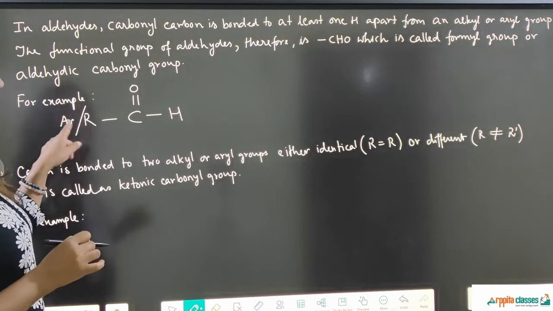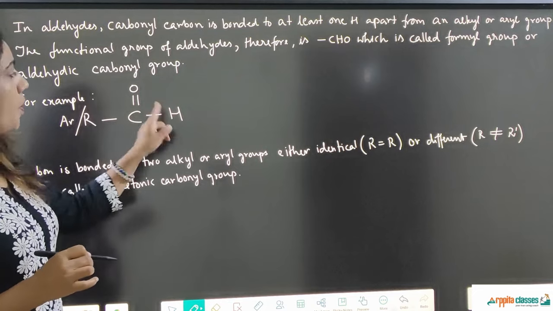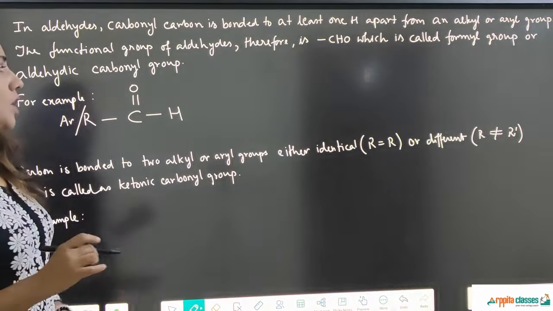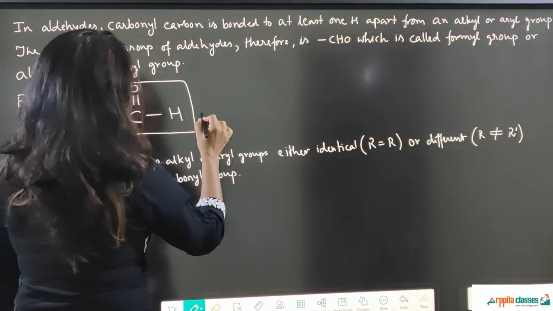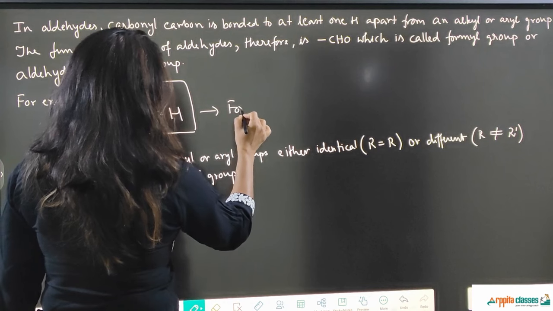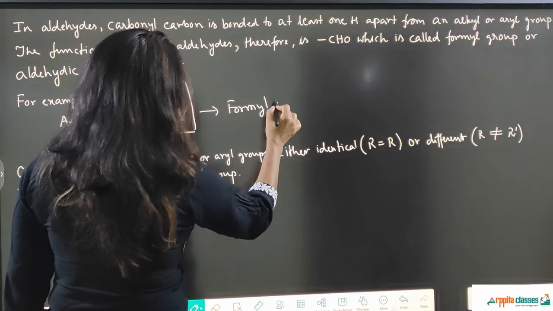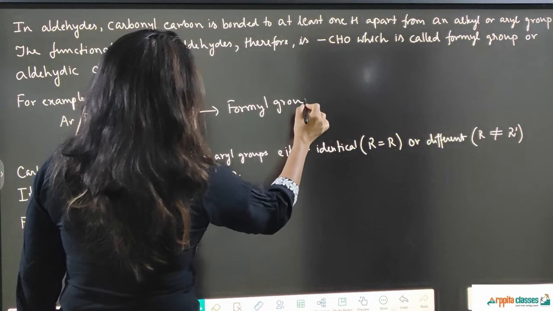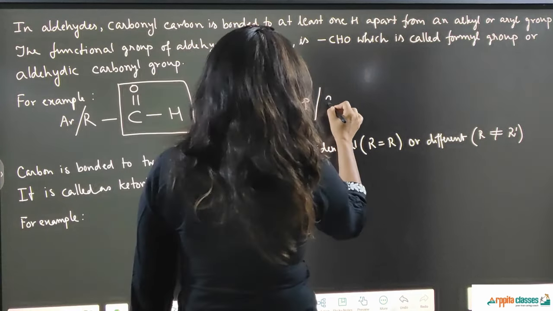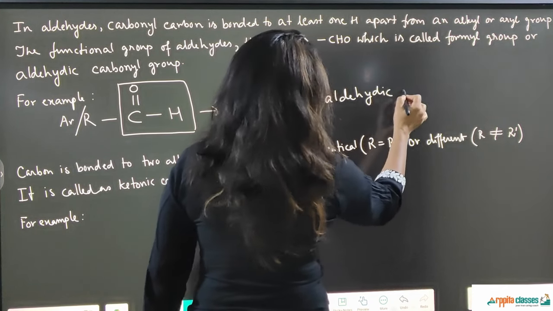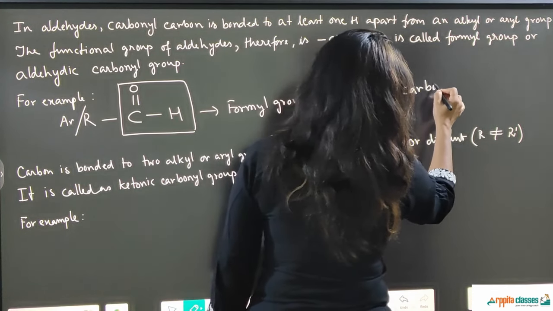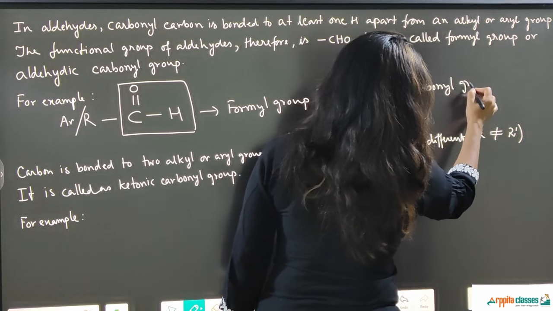This group can be alkyl or aryl, but it has to be bonded with at least one hydrogen. So this CHO group is also called formyl group, or this is also called aldehydic carbonyl group.